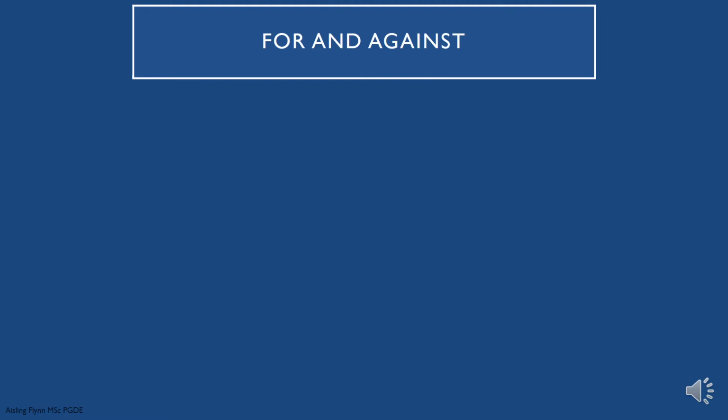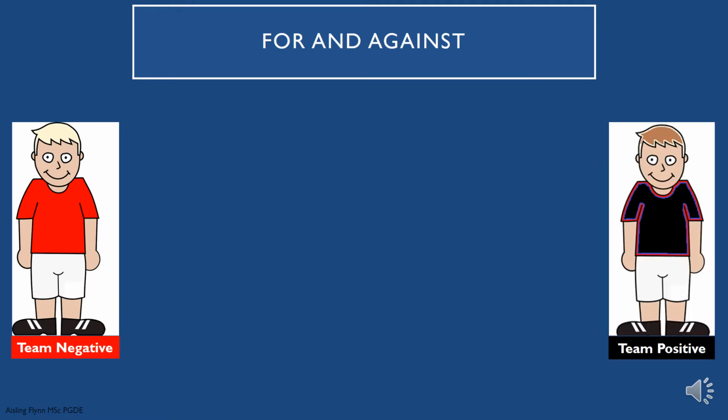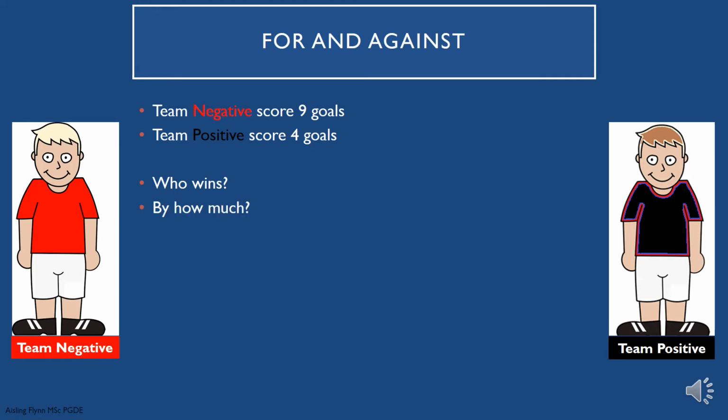Now, for and against. Let's take team negative in the red and team positive in the black. So let's say in a match, team negative score 9 goals. Team positive score 4 goals. Who wins and by how much?